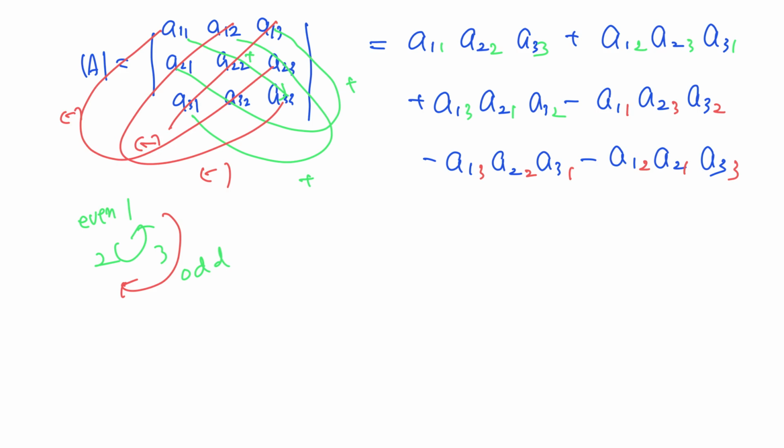So for your own benefit, I'll just try to find the determinant for 4 by 4. Say, let's choose some simple cases. Maybe 1, 0, 1, 0, 0, 1, 0, 1, 0, 0, 1, 1, 1, 1, 0, 0.